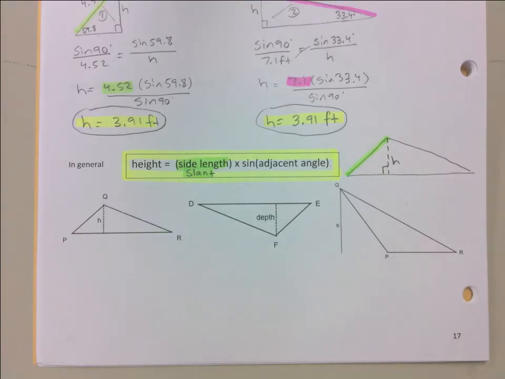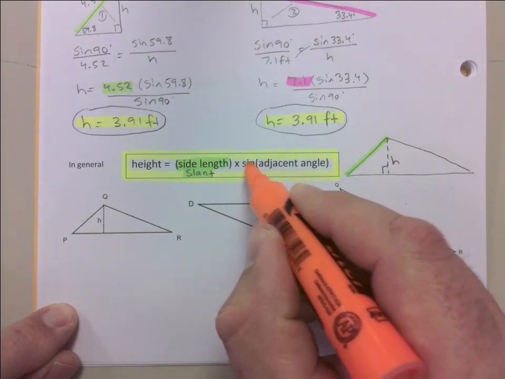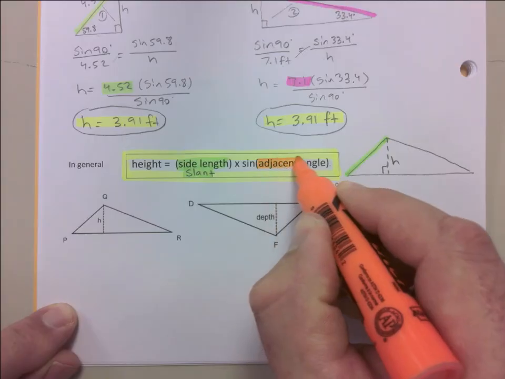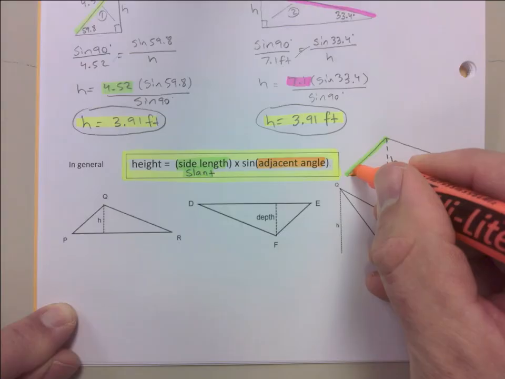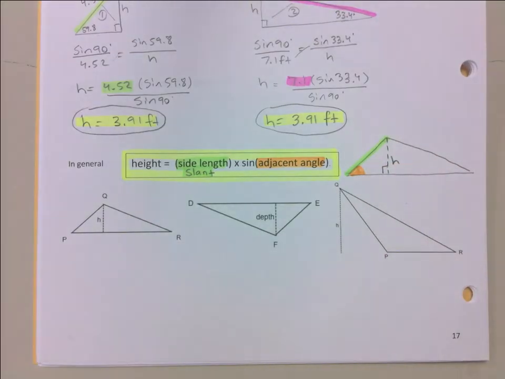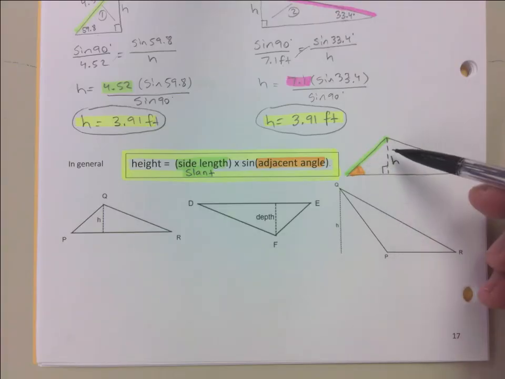You have to transpose that to a different scenario, right? To whatever scenario you're encountering, you have to transfer it to that situation. Times sine of which angle? The adjacent angle. It's this one right here. So if you know this slant and you know the angle that's touching it, you can find the height of the triangle just like that.